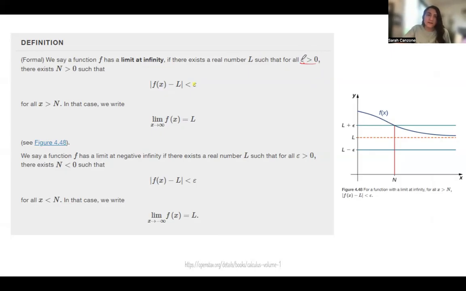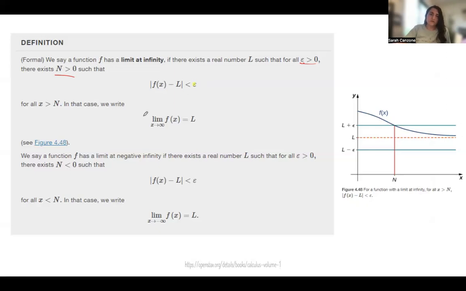Typically, when we say for all epsilon greater than 0, we're considering a very, very small epsilon, the smallest number that you can imagine. There exists an n greater than 0, whatever n you can think of, such that, and typically, again, these are pretty small numbers, f of x minus L, so your function minus your limit, is less than epsilon.